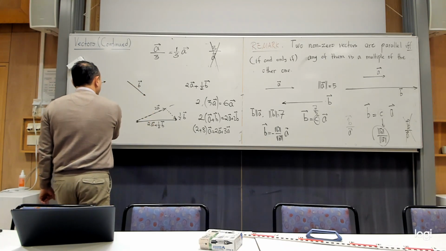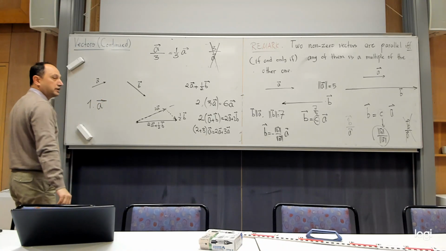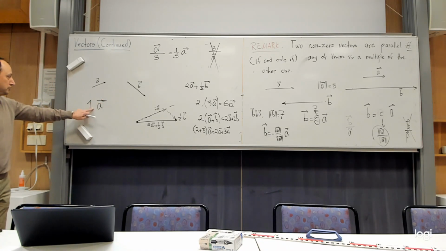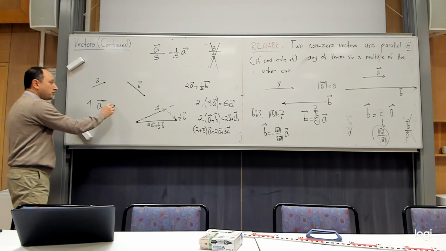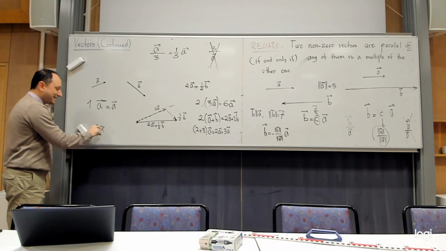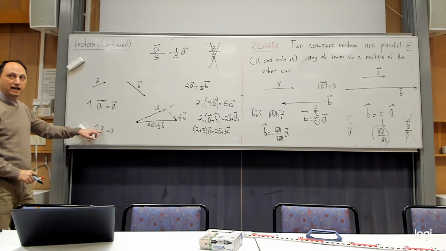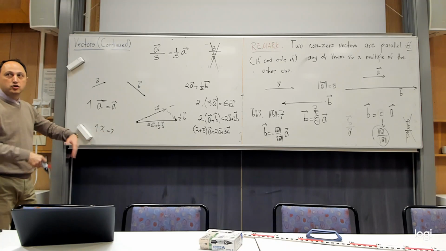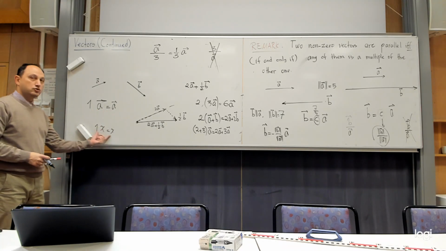By the way, what do you expect? What happens if I multiply 1 by my vector? What is 1 times a vector? It's the vector itself. But don't think that this is trivial. You cannot say that it is because 1 times x is x for numbers; that rule is for numbers.